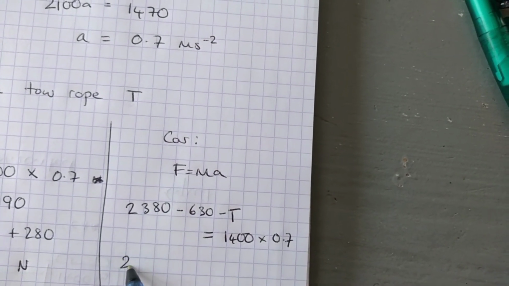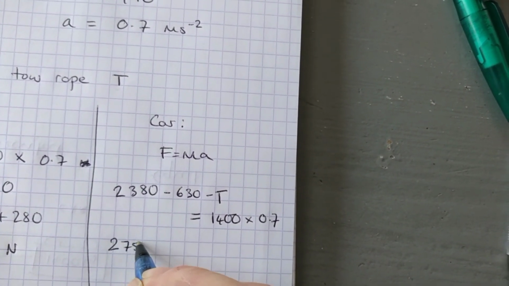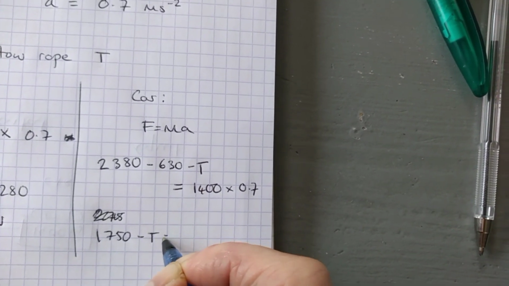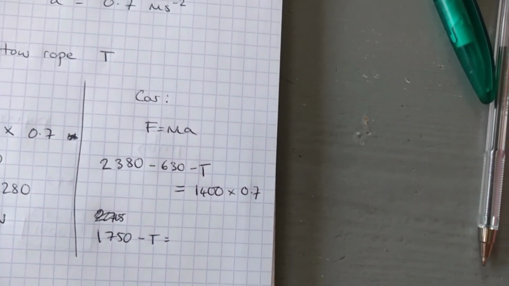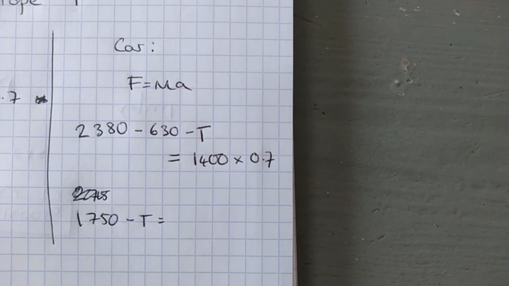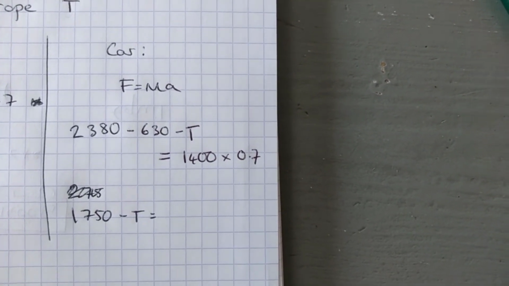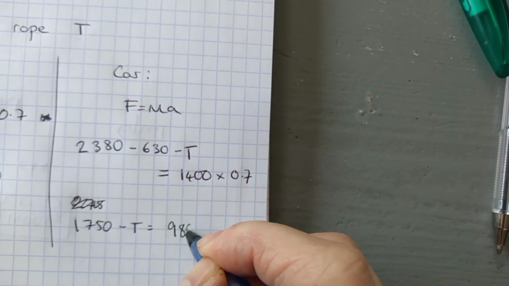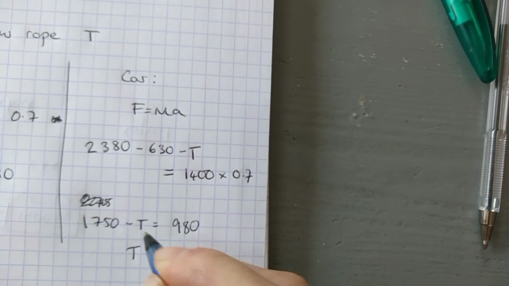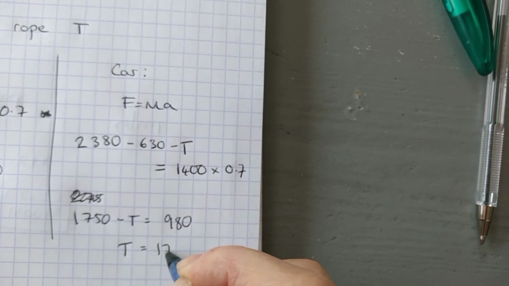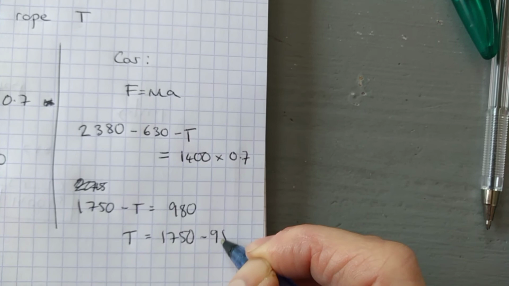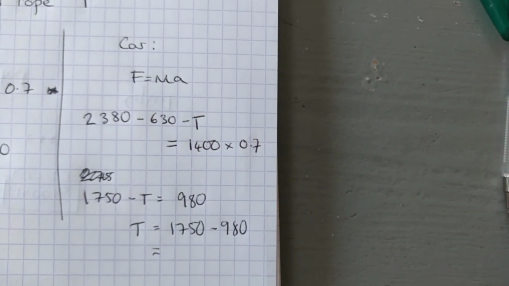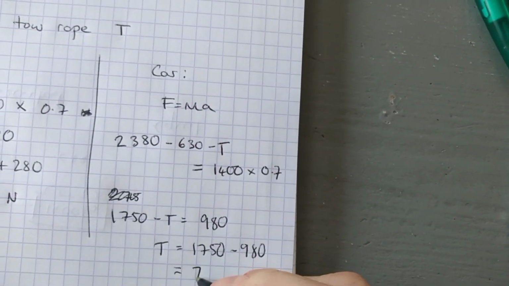That would give us 1,750 minus T equals 1,400 times 0.7, 980. So T equals, if I flip that over to that side, 1,750 minus 980, we should get the same. Yep, we do.